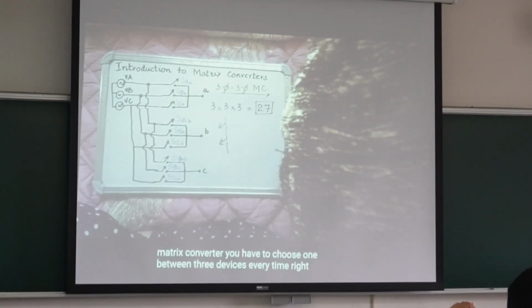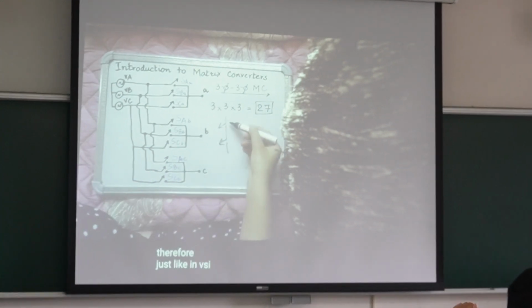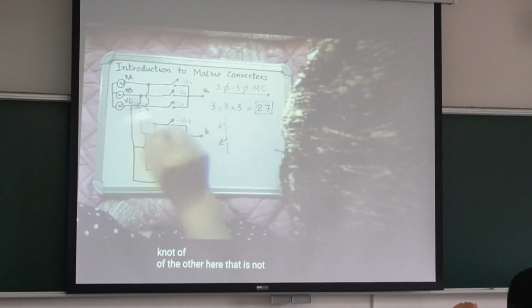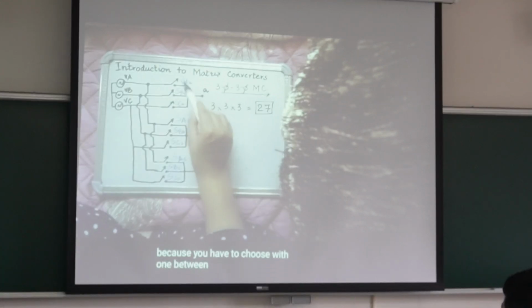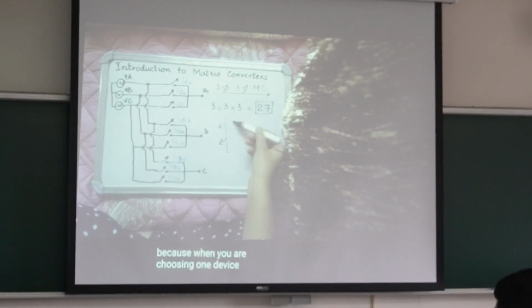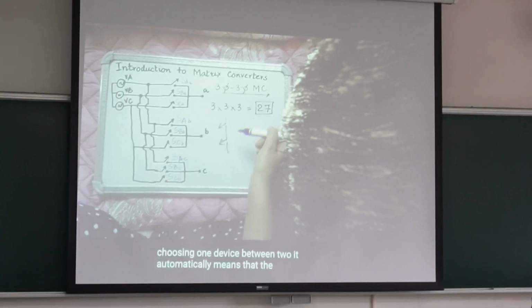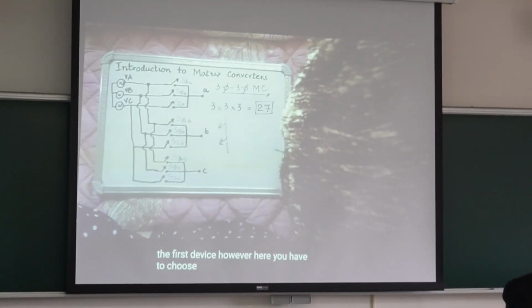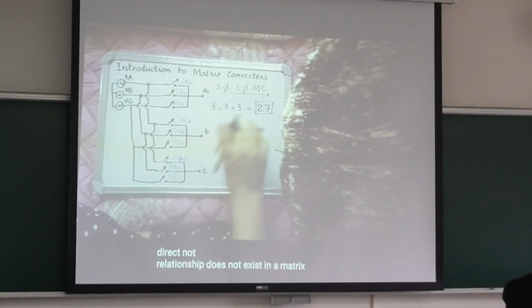In a VSI, when you choose one device between 2, it automatically means that the other device is the complement, the NOT, of the first device. Here, you have to choose one between 3, so a direct NOT relationship does not exist in a matrix converter.